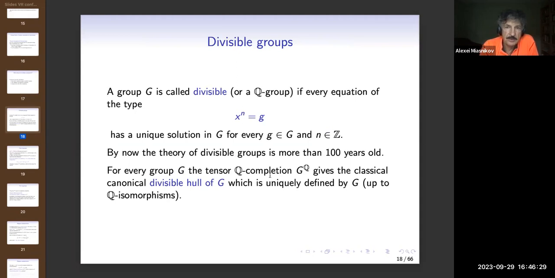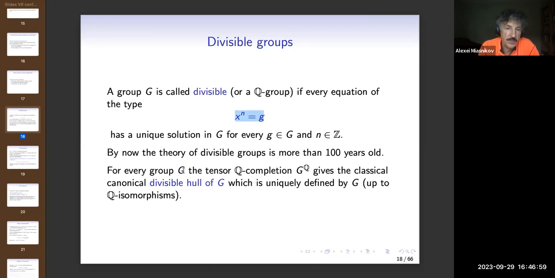So, divisible groups. Of course, probably everybody here knows what a divisible group is. It means for every element in the group, this equation has a unique solution in G. You can extract roots uniquely. Since you can extract roots, you can define the action by fractions, rational numbers. And that was done a long time ago.